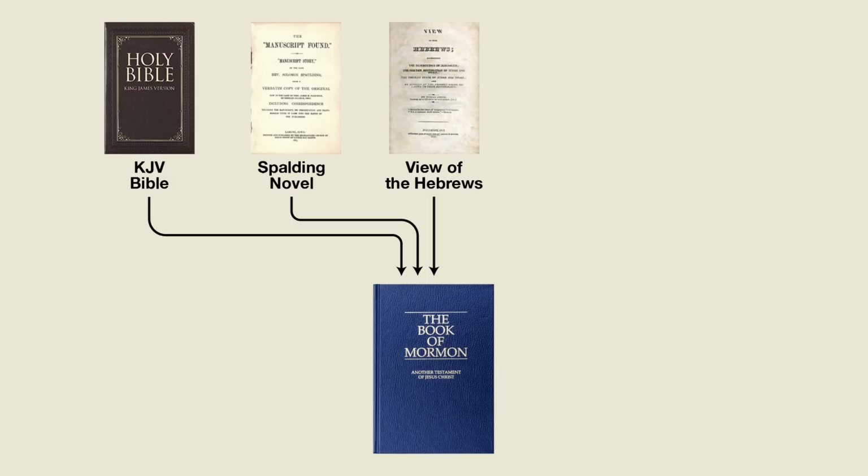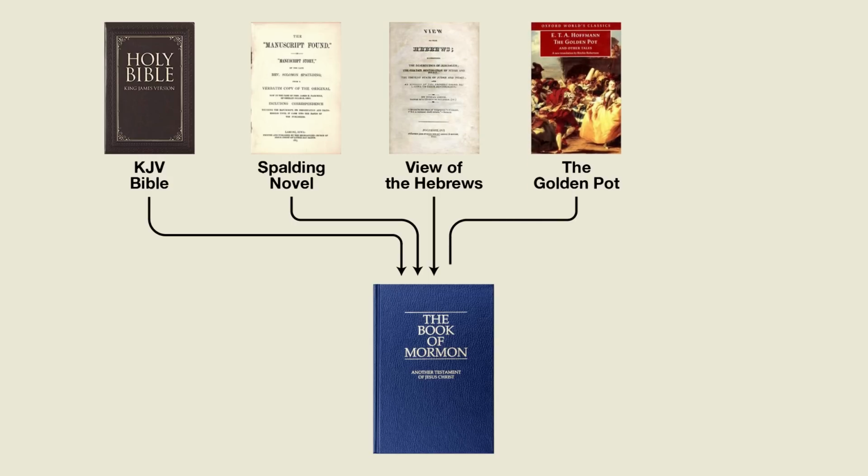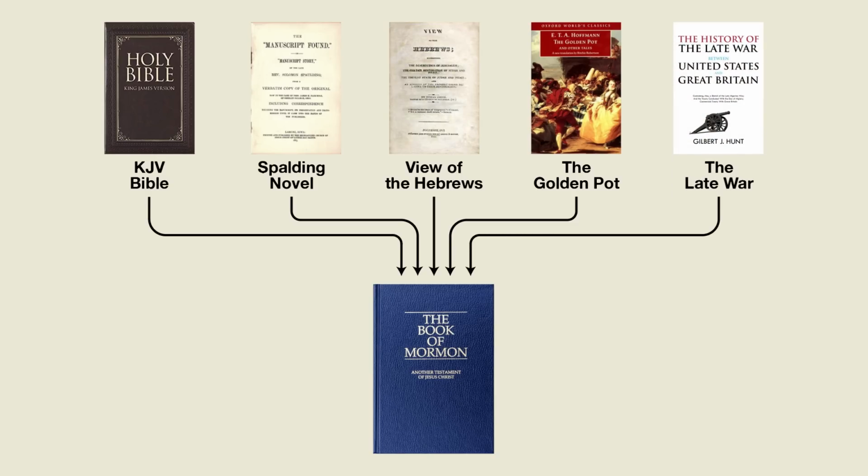There were several other books published in the early 1800s that have some striking similarities to the Book of Mormon as well. For example, there's one that involves the last archivist of Atlantis, and another one that uses a King James style to describe the War of 1812.